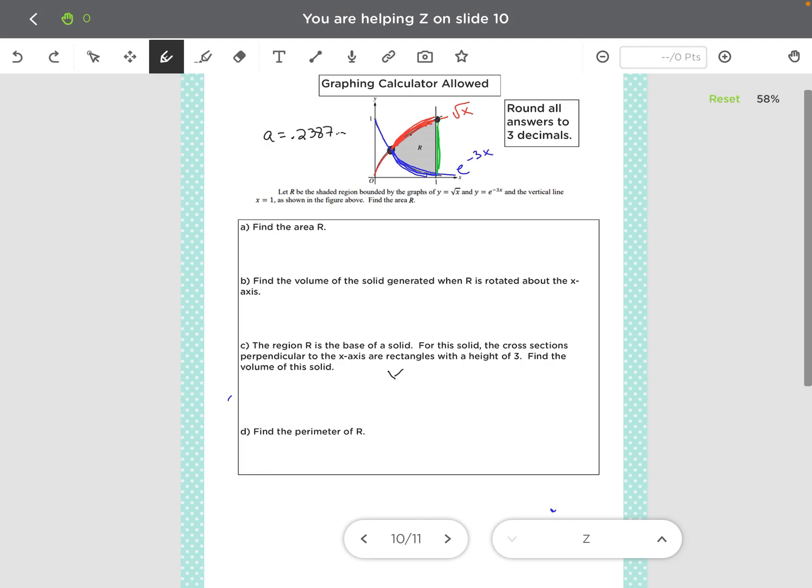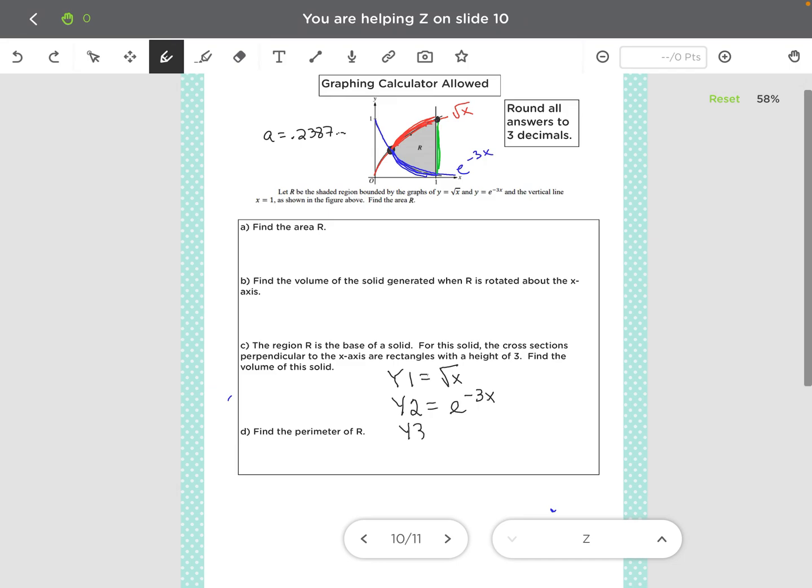So what you should have from all the previous problems is hopefully in y1 you should have the square root of x. In y2 you have e to the negative 3x, and everything's going to build off of that. So I know I need the derivatives. Now you can take these derivatives by hand, but remember we can have the calculator do these.